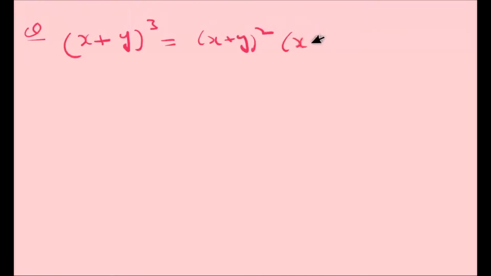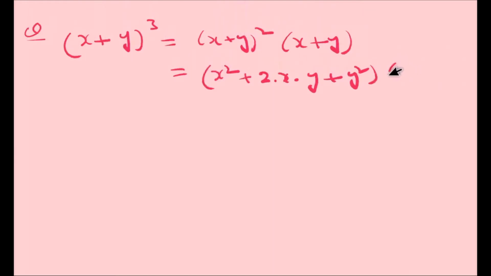Now you can see more identities this way: x plus y whole cube means x plus y whole square multiplied by x plus y. Using the identity we studied previously, x square plus 2 into x into y plus y square, multiplied by x plus y.